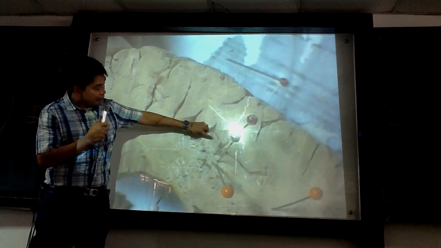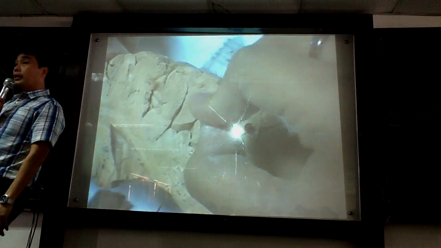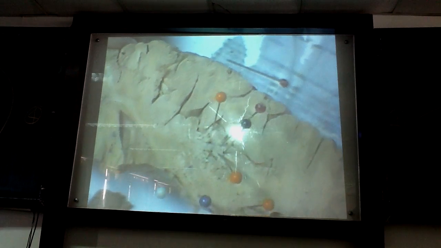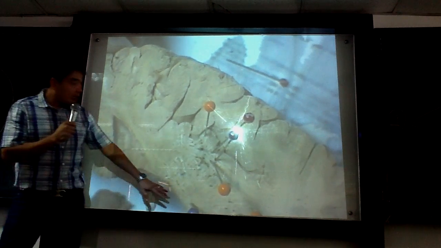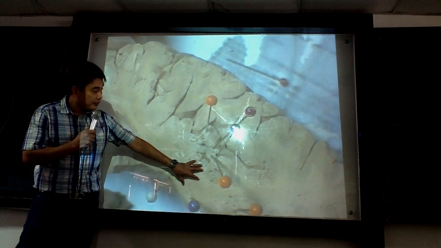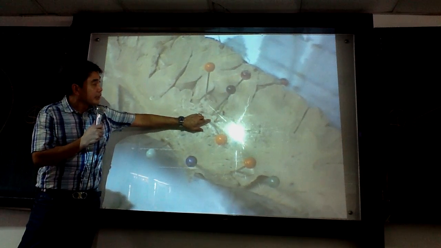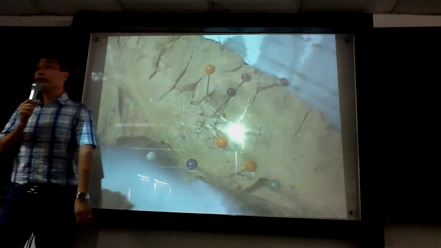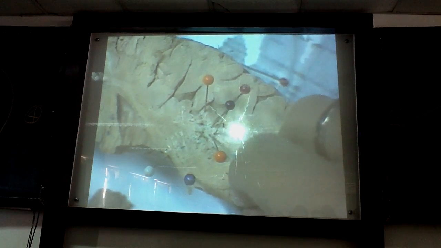Tapos, nakita nyo na naman yung gray na yun. That is the insular cortex. So you have the caudate, the thalamus, internal capsule, the lentiform, the claustrum, the external, the extreme, and the insular cortex or island of Reil.